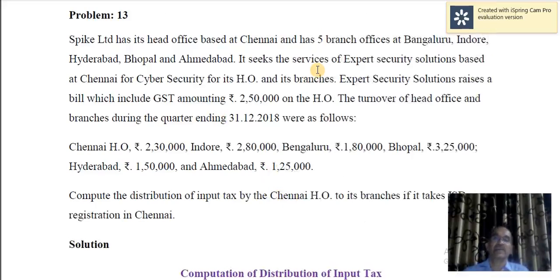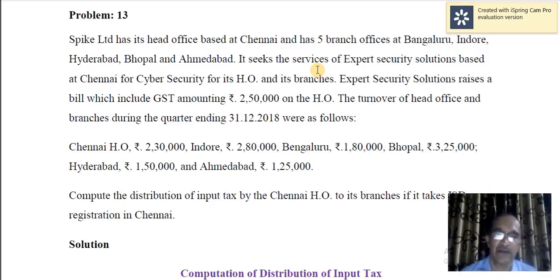Here the bill is raised by the expert security solutions on the head office, but the benefit is received not only by the HO head office but also all the branch offices. Therefore, the input tax credit of 2,50,000 should be distributed among the different branches.